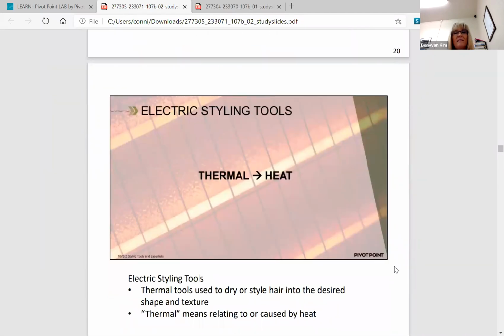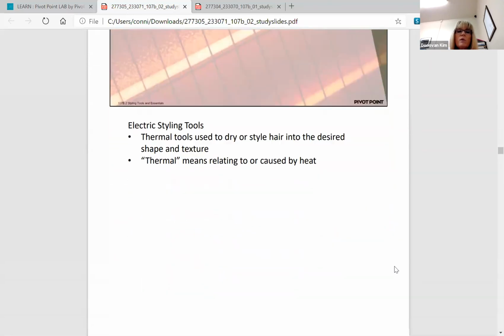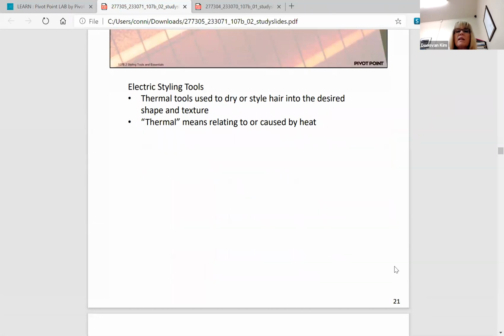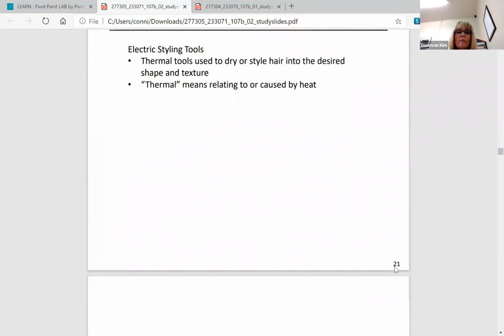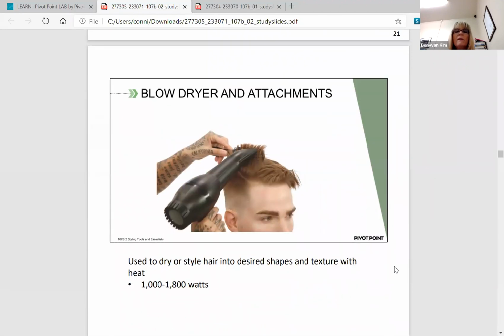So when we talk about these electric styling tools, there are all kinds of gadgets out there when it comes to heat styling tools. Thermal means anything that's caused by heat. On your blow dryers, there are attachments. The one on the end of this blow dryer happens to be called a concentrator, which means that it concentrates air to that one area only.